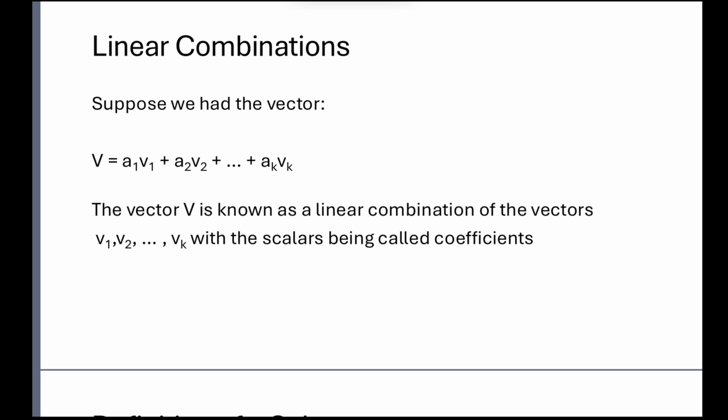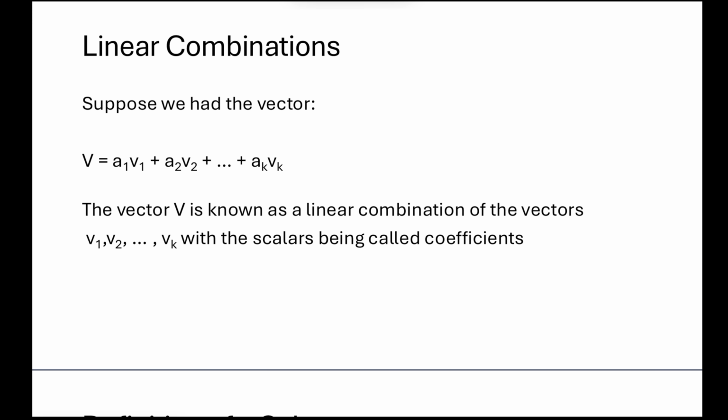So the vector v is known as a linear combination of the vectors v1, v2, all the way up to vk, with the scalars, which are a1, a2, all the way up to ak, being called the coefficients. We'll come back to this idea a bit later. This links heavily with linear independence.